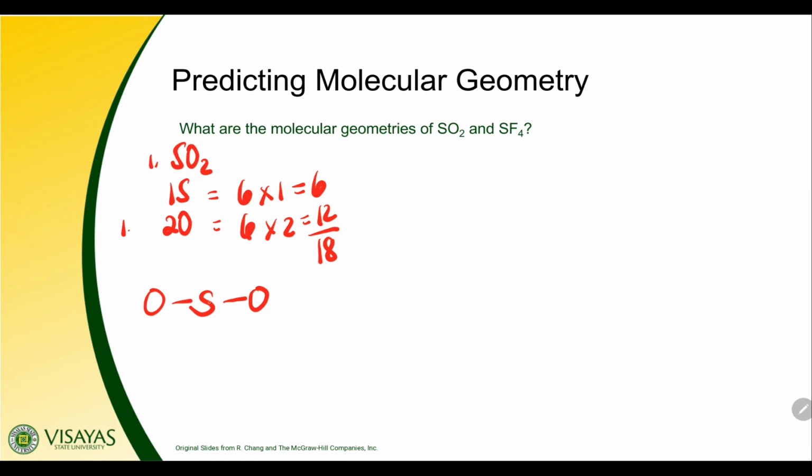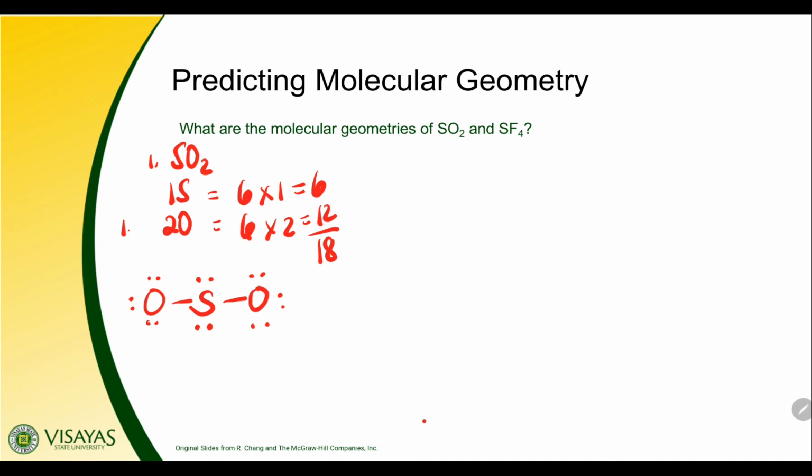For sulfur, since it has two single bonds, which means it has four electrons, it needs two lone pairs or four more electrons to complete its octet. For oxygen atom, here we have a single bond, which means two electrons, so it needs six additional electrons or three lone pairs to complete its octet. Same with the other oxygen atom.